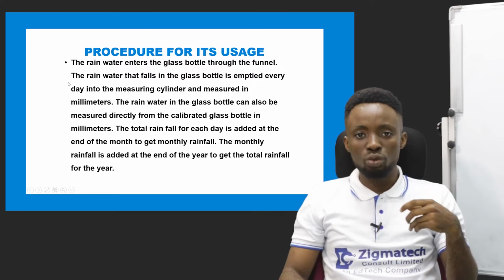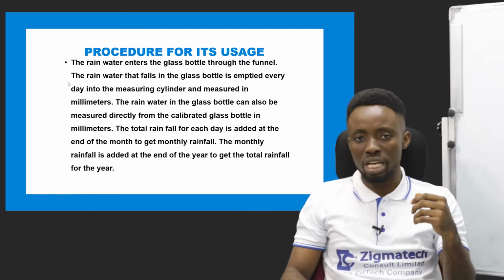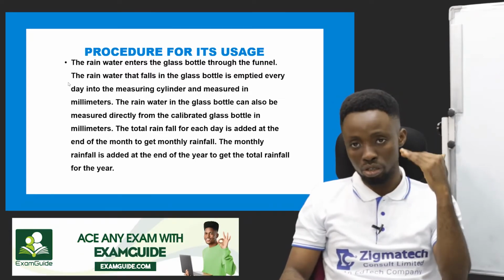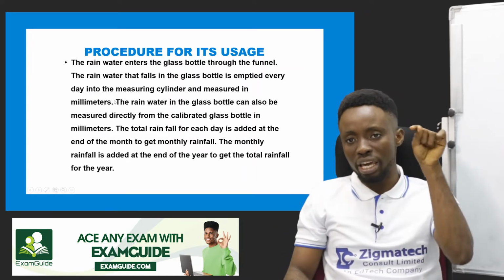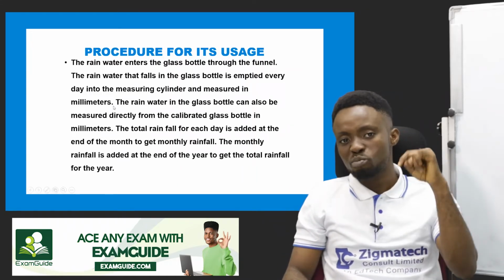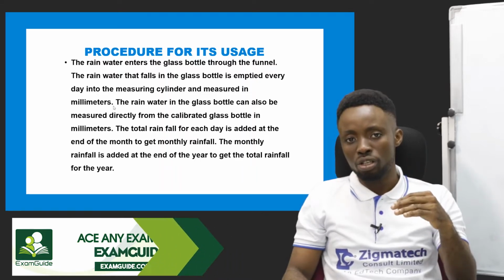When you keep the rain gauge outside in an open space, possibly a field, rainwater will enter the rain gauge through the funnel.